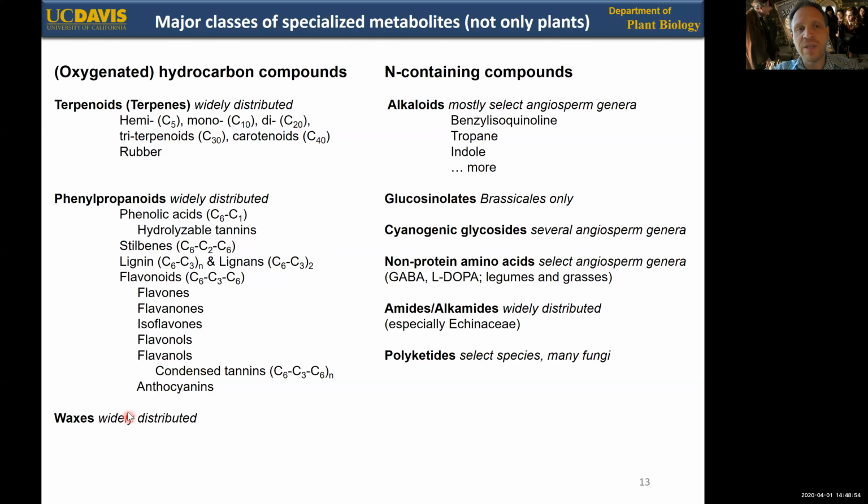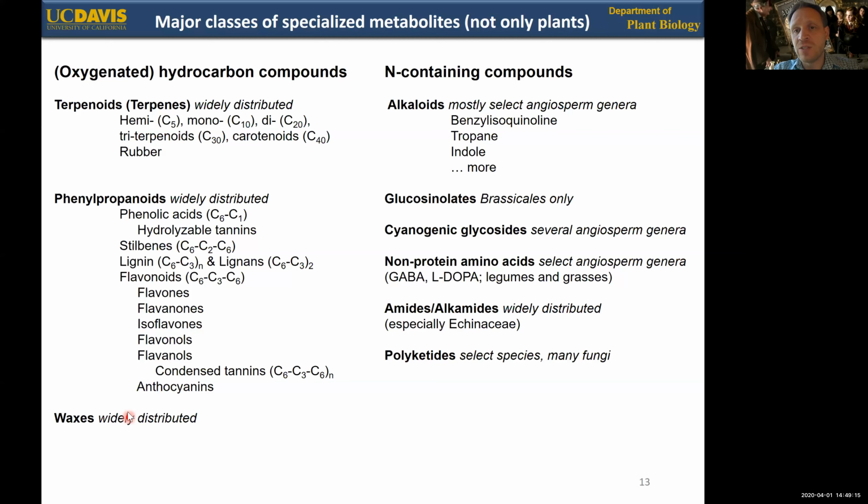Then on the other side of that world of the hydrocarbons, we have this group of nitrogen-containing compounds. Probably the most famous one are your alkaloids, probably something around 10, maybe 15,000 compounds. They are actually more restricted than the terpenoids and phenylpropanoids, as well as the waxes.